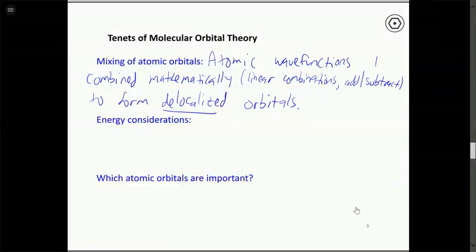So we're taking two atomic orbitals from two different atoms, mixing them together mathematically, and making a new wave function that is delocalized over both of those atoms. It includes both of the atoms in the bond. It's not just localized on one atom or the other, it's a delocalized molecular orbital. In valence bond theory, we have hybrid orbitals that are localized on the central atom.